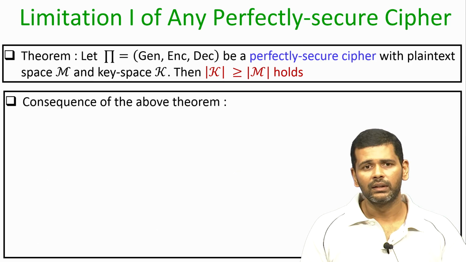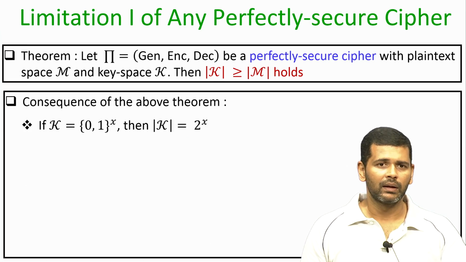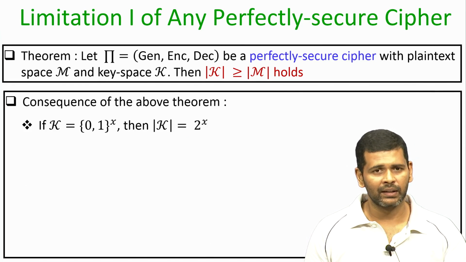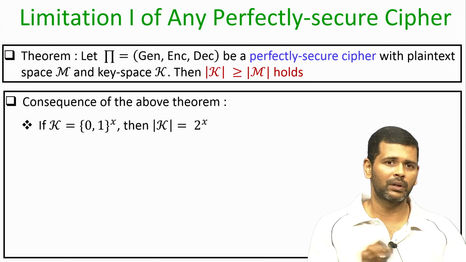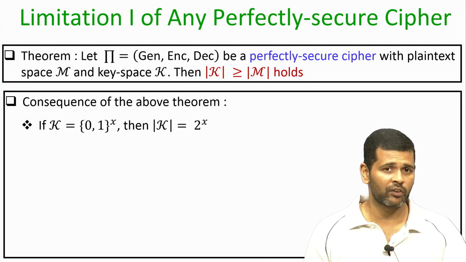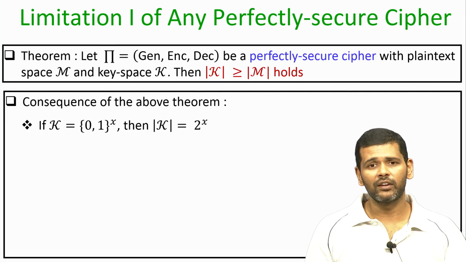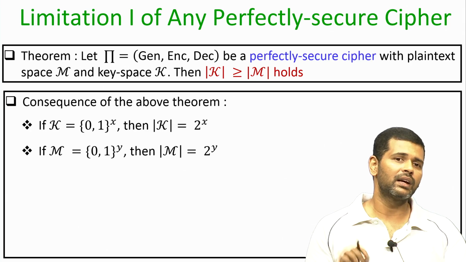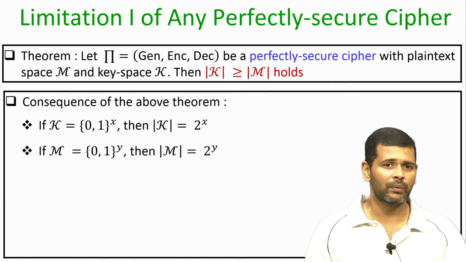Now, what is the implication of this theorem? Imagine your key space is the set of all possible strings of length x. That means my encryption process supports keys of x bit strings, and the cardinality of the key space is nothing but 2 to the power x. In the same way, imagine my encryption process supports a plain text space of y bit strings.